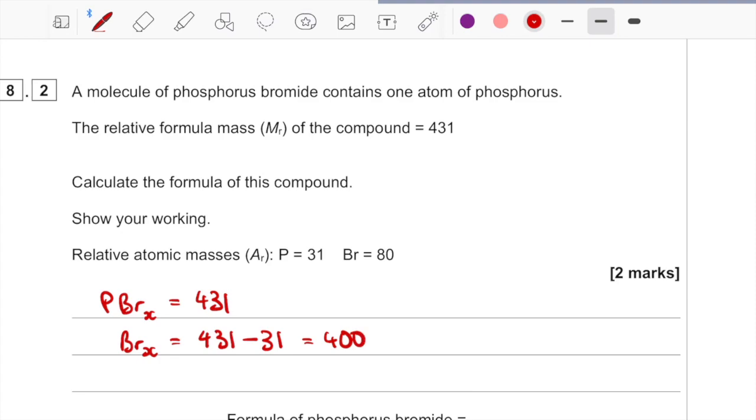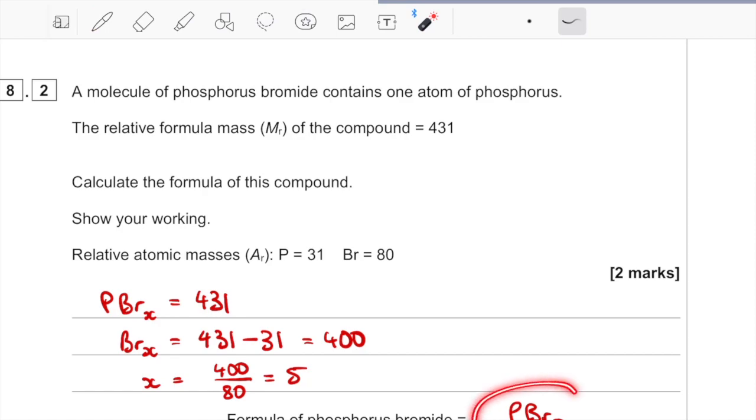And if I want to know how many bromines there are, I'm going to have X equals 400 divided by the mass of bromine, which is 80, and that gives me a value of 5. So that means I have 5 bromines. So it's going to be PBr5, and you could double check that by working out the Mr. So it would be 31 plus 5 times 80, and it would give us 431.